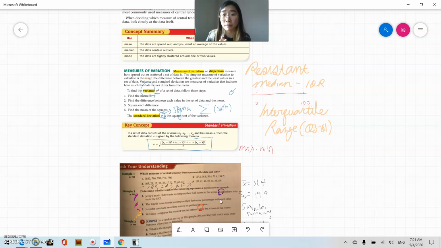Standard deviation goes with the mean and the IQR goes with the median. And know that each portion of a box plot is 25% of data. So it doesn't matter how long or how short something is, it still contains the same number of data as the next portion. Okay?